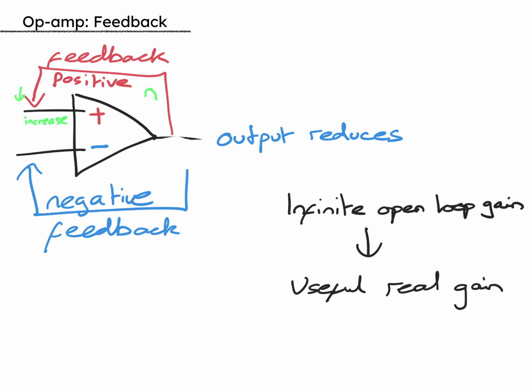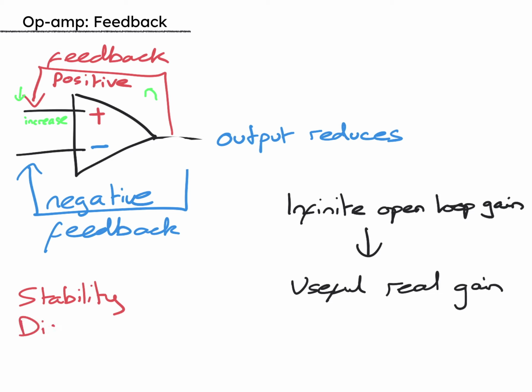The key thing to take away is that we will use negative feedback in our op-amp circuits to reduce the gain to a useful value. It also has some other benefits though. The stability of the op-amp is increased since it is not working on the edge of its capabilities.